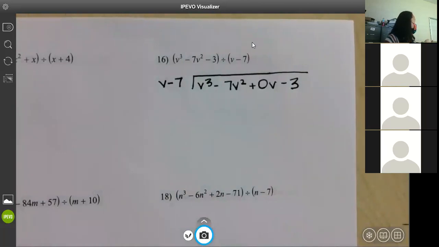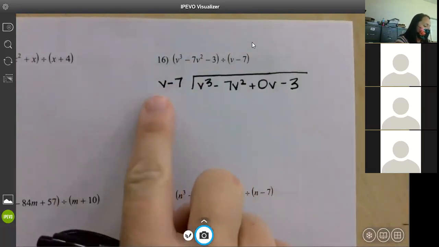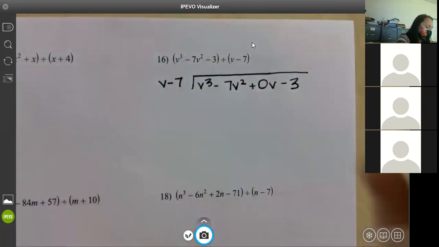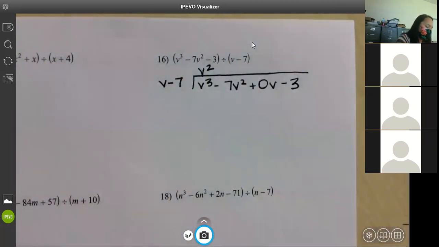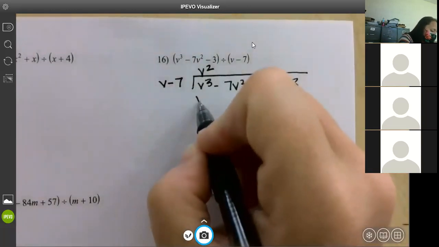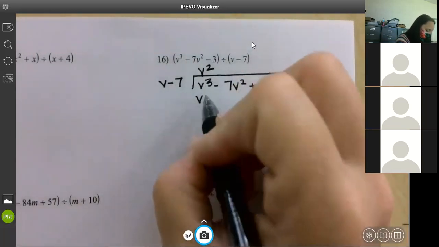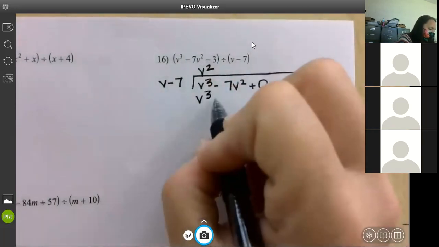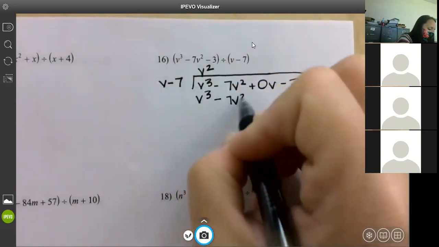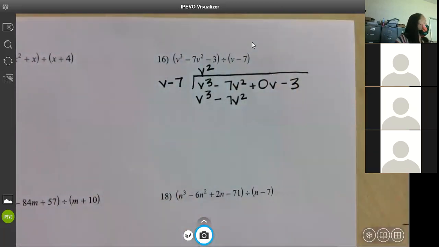Now it's just the same way as always, okay? I just wanted to show you how to fill in that space. So what can I multiply by v to get v cubed? V squared. When I distribute that, what do I get? What about the very first one? V cubed minus 7v squared. Is everybody okay with that?